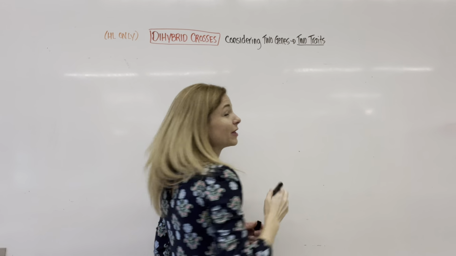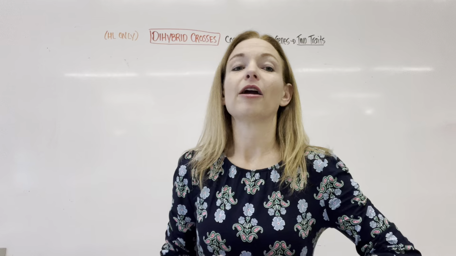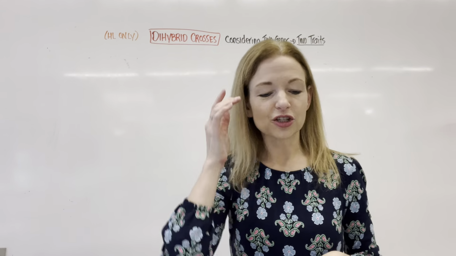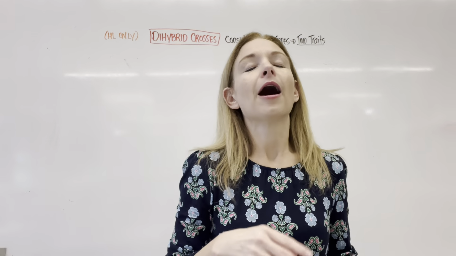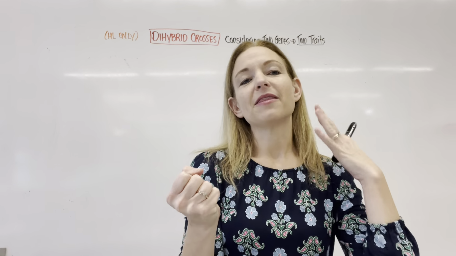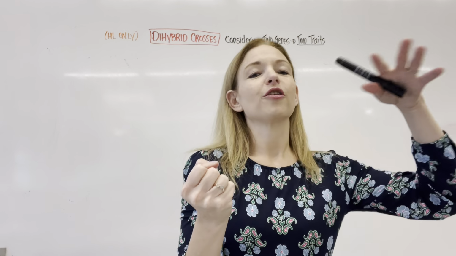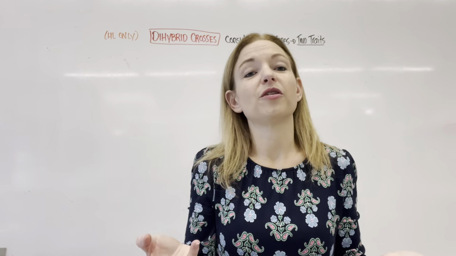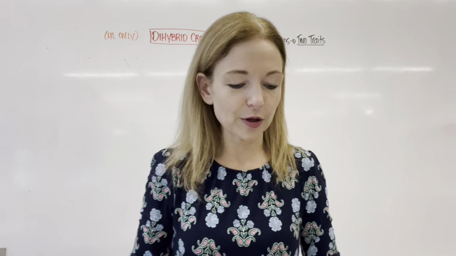They may be somewhat related, maybe hair color and hair curliness, so they might be related to a similar part of the body, but they are distinct traits from one another. Even the example of production of pigment, and then the other one would be color of pigment. Those are still technically separate traits. Are you able to produce pigment? Okay, what color is it? So two different traits are two different proteins. They're making totally different proteins.